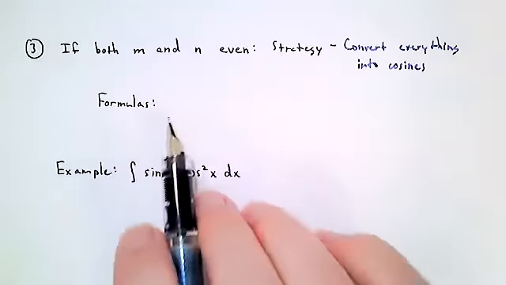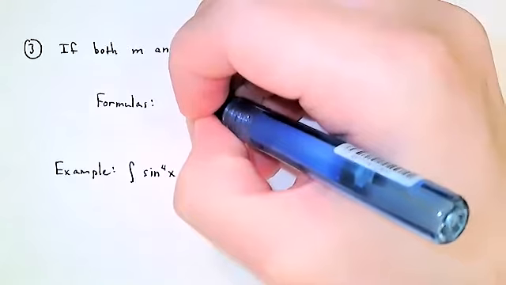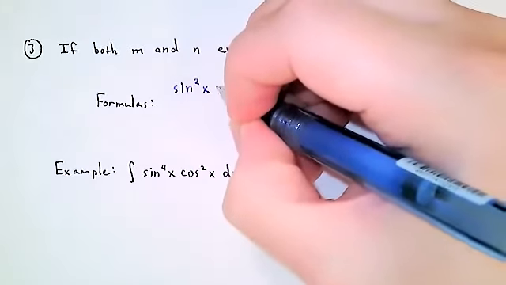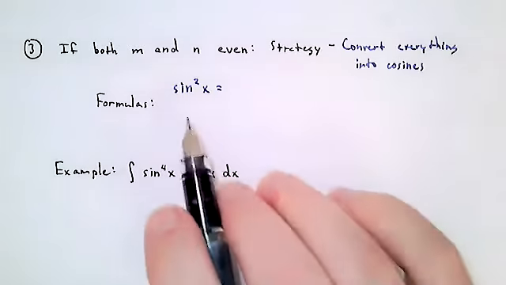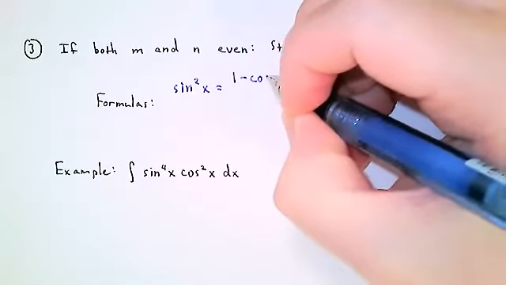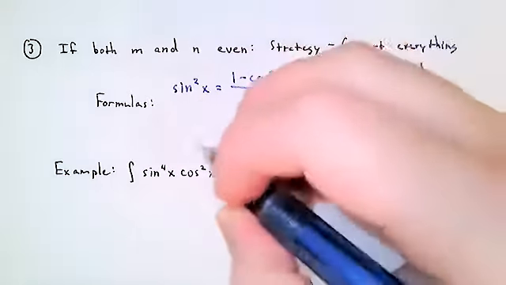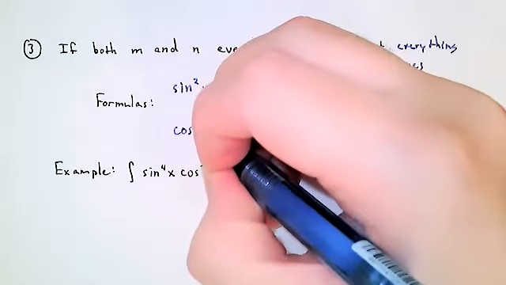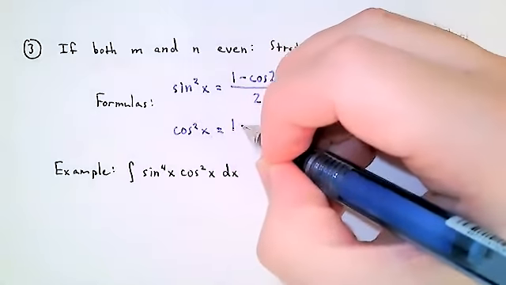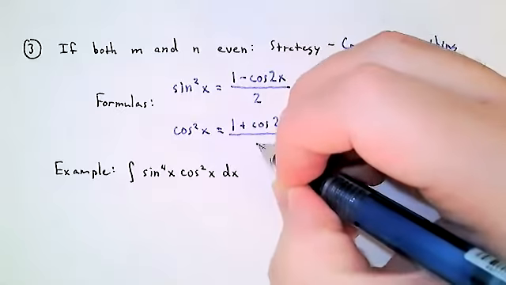Okay, so in order to do that, like I said, we will need a different formula. And these are called usually something like the double angle or half angle formulas, depending on their context. So this is the one that says sine squared is equal to 1 minus cosine of 2x over 2. And then the corresponding formula for cosine squared just has a plus sign, 1 plus cosine of 2x all over 2.